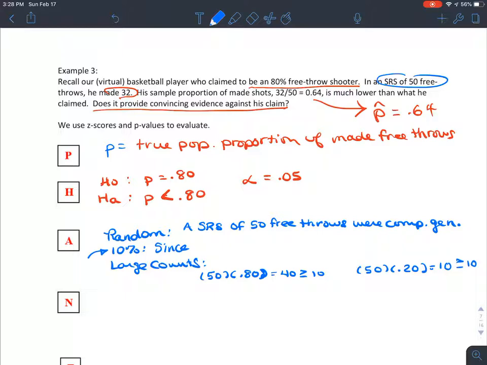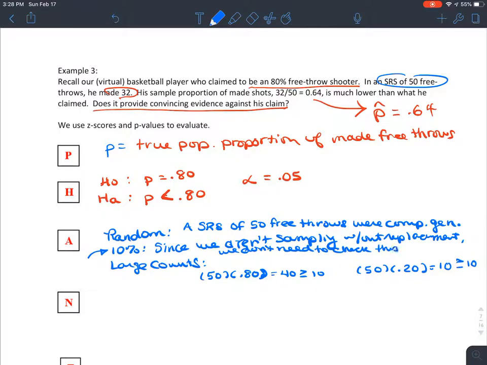So since we aren't sampling without replacement, we don't need to check this.